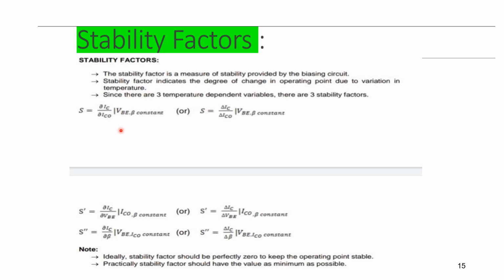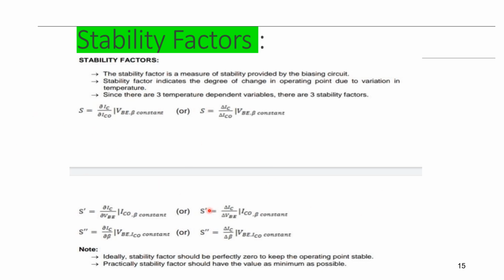So the stability factor S is the change in the operating point due to the variation of temperature. For the circuit to be stable, the operating point should not change, but the stability factor indicates how much it changes. So definitely the circuit must have a low stability factor.